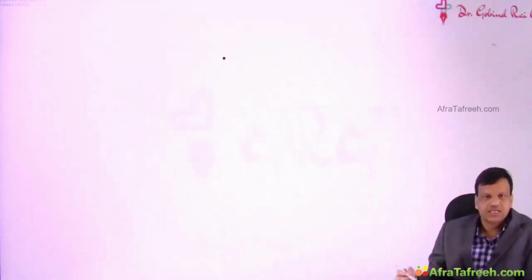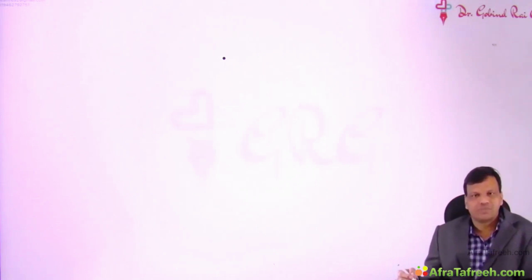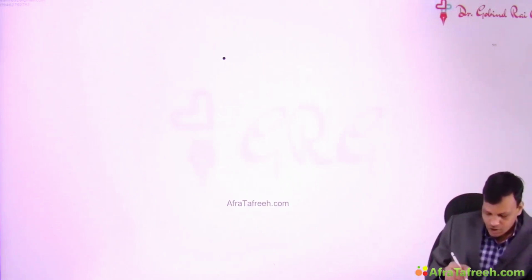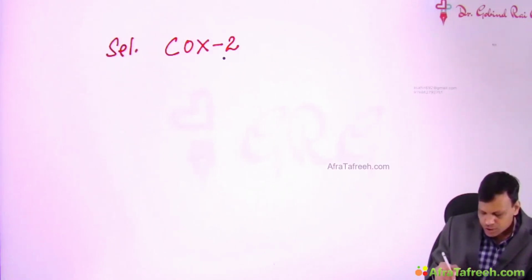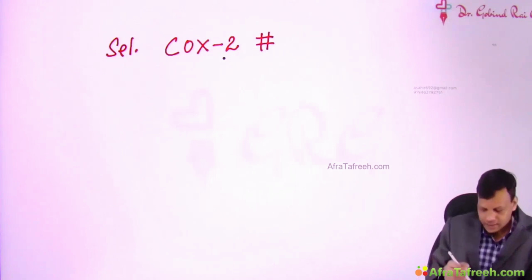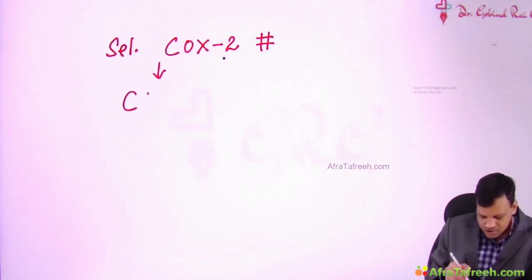So these are the important points regarding the non-selective COX inhibitors. Revising again, non-selective COX inhibitors have three uses: fever, pain and inflammation, but they increase the risk of peptic ulcer. To avoid this problem of GI toxicity or peptic ulcer, we developed selective COX-2 inhibitors, and the names of these drugs end with coxib.